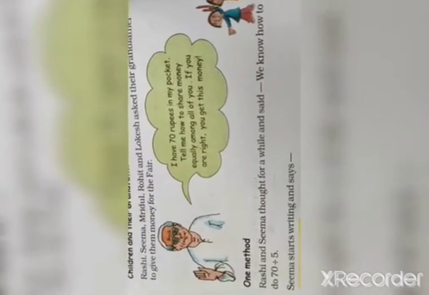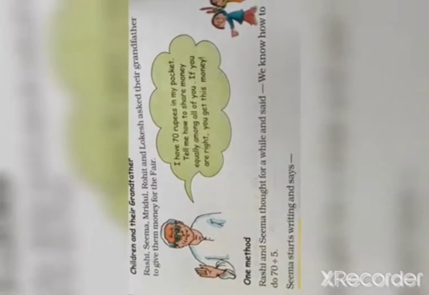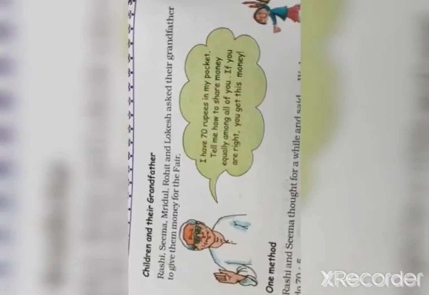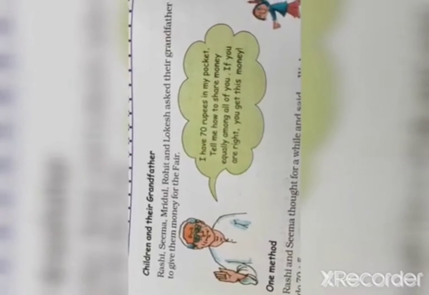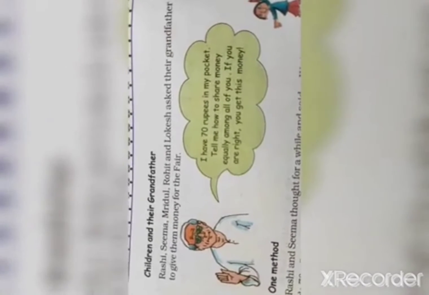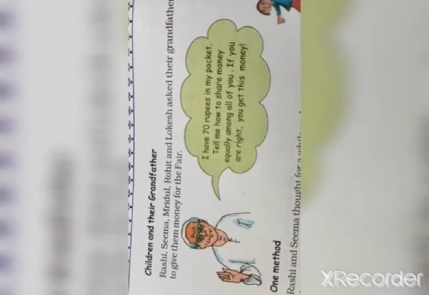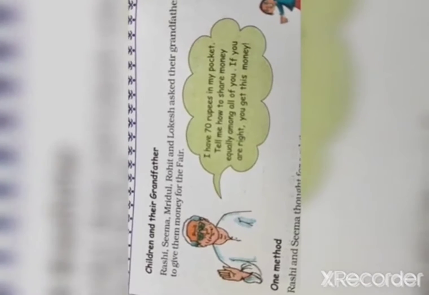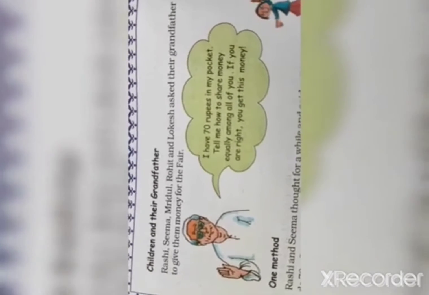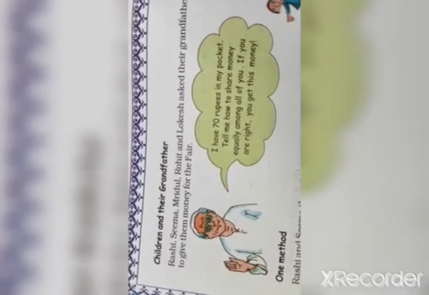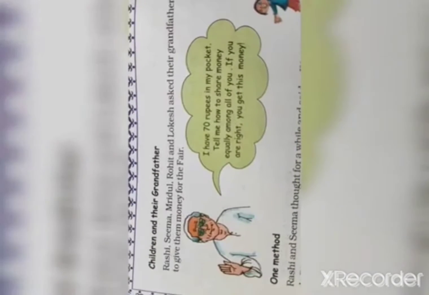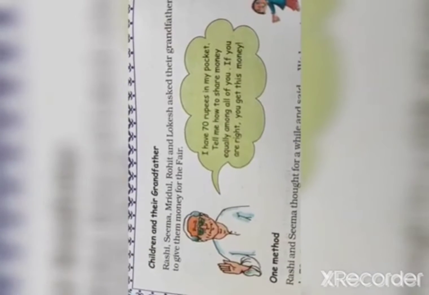So Rashi and Seema thought division is possible. How? Because Dadaji has to distribute 70 rupees between 5 children.